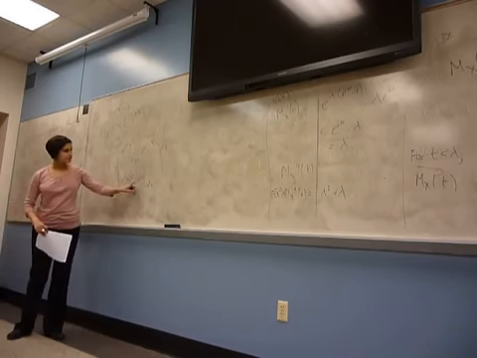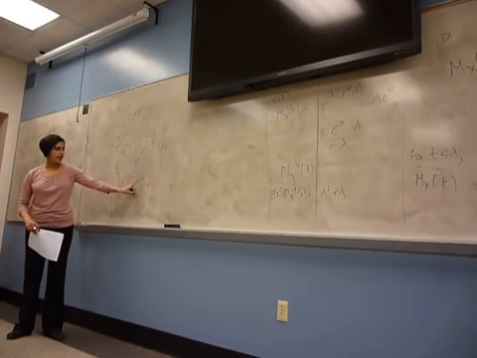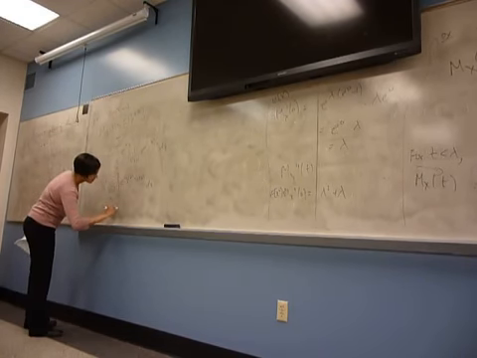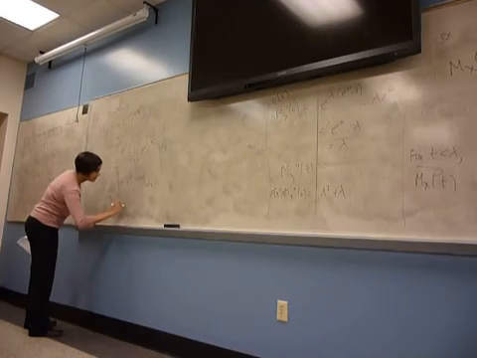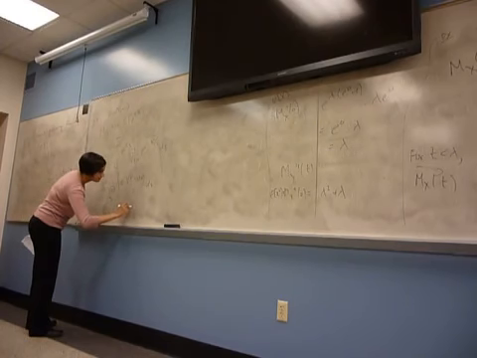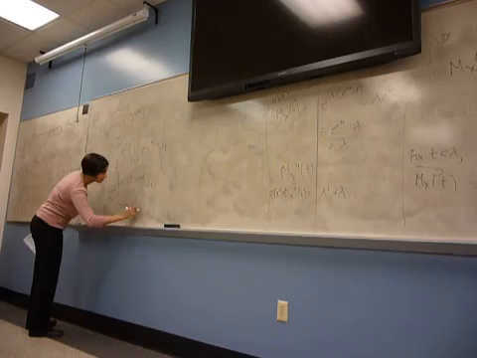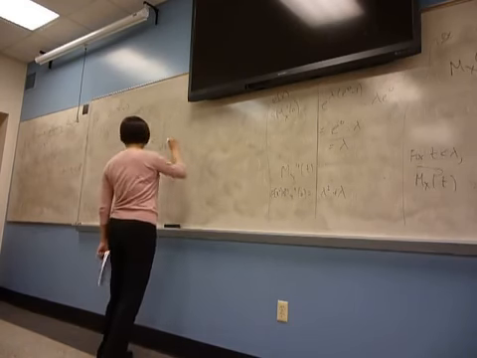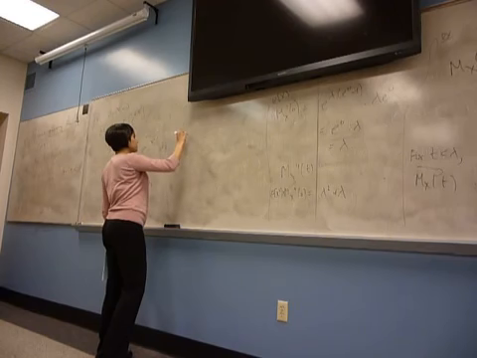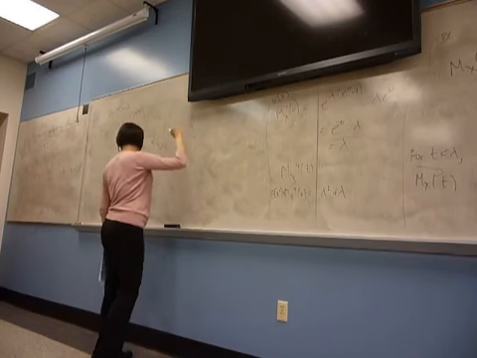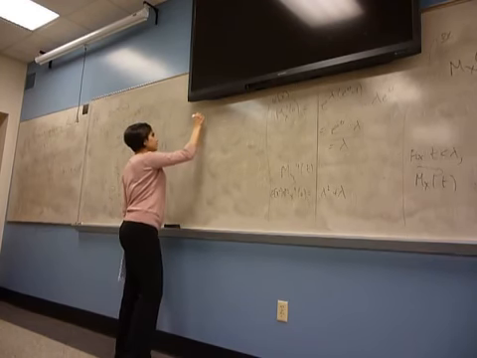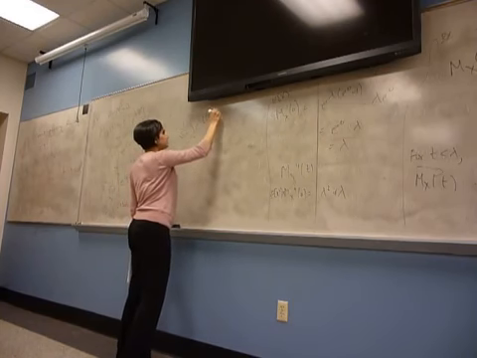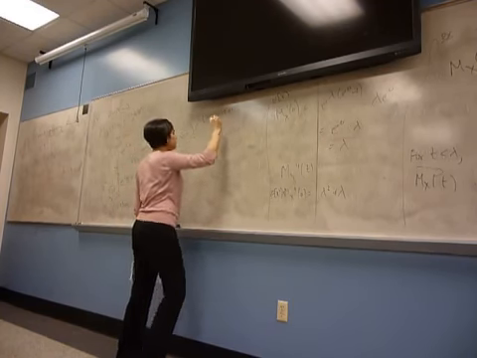What I'm going to do next is complete the square. For that, I'll add t squared and subtract t squared. I'm going to write it as z squared minus 2tz plus t squared minus t squared. So what does this give me? 1 over the square root of 2 pi, e to the negative 1/2 of (z squared minus 2tz plus t squared).